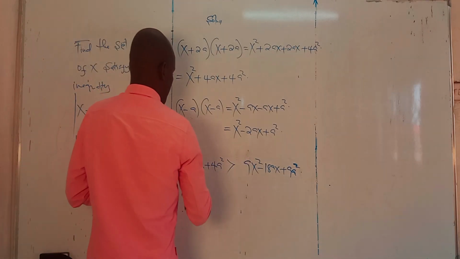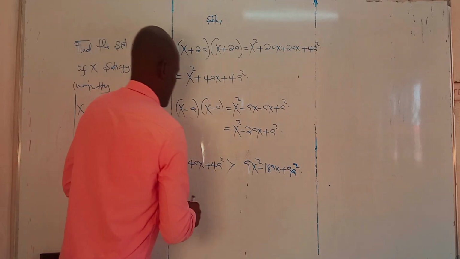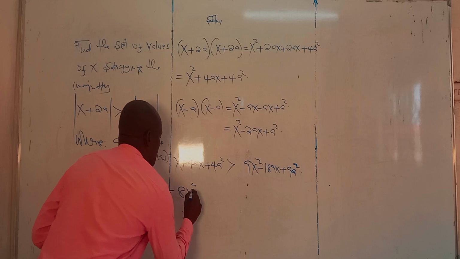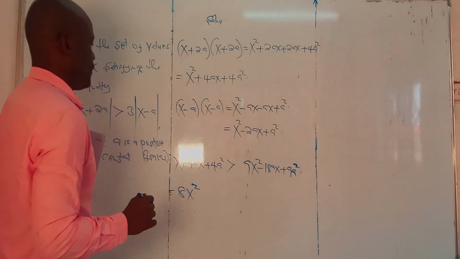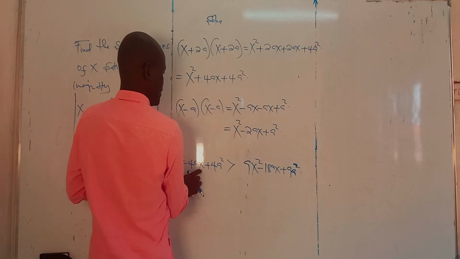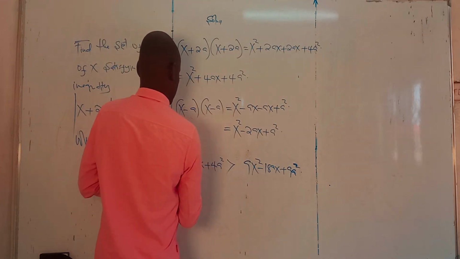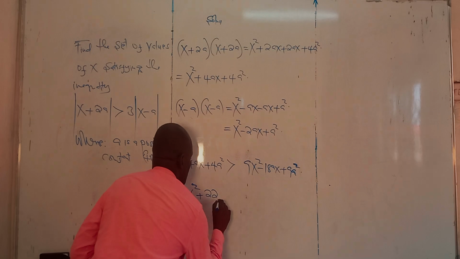I could bring everything to this end, in which case the first term is minus 8x squared. If I bring this, it will be plus, so I get minus 8x squared plus 22ax.